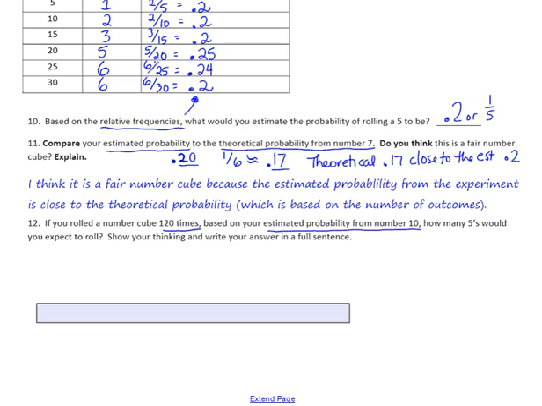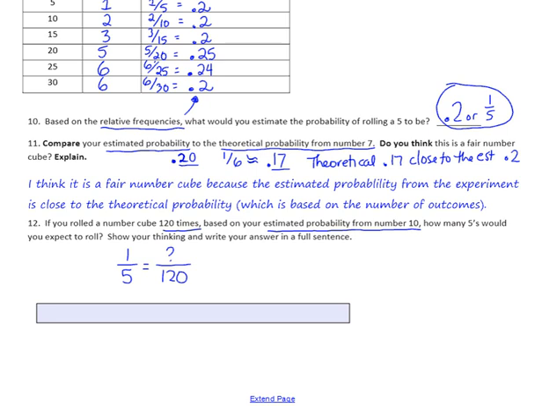The estimated probability from number 10 was 0.2, or 1/5. So 1 out of 5 is equal to how many out of 120?